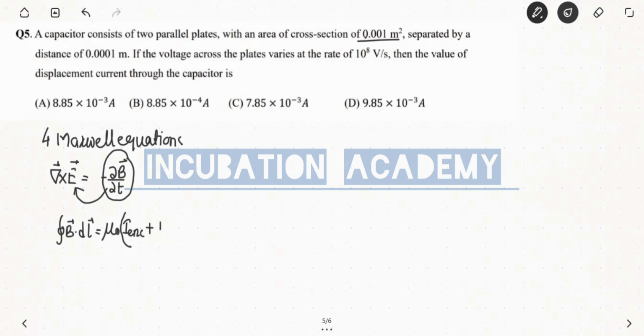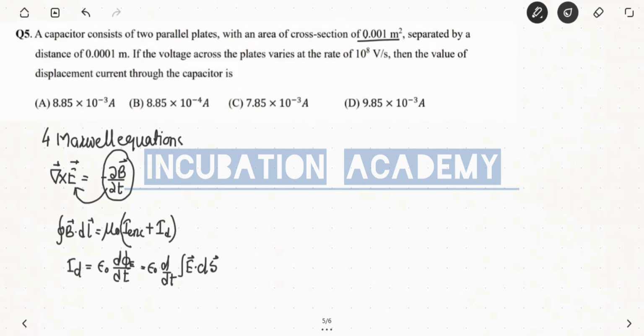We have to add one quantity here, which is the displacement current, and this displacement current is defined as epsilon naught d phi by dt. Here phi means the electric flux. So it will be epsilon naught d/dt of the integration of E dot ds.